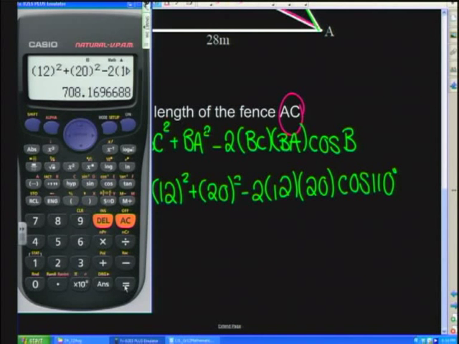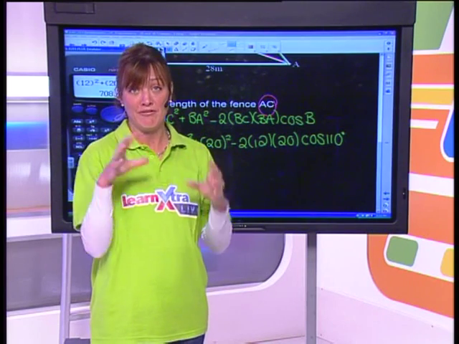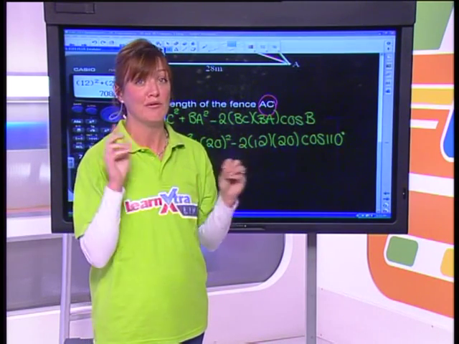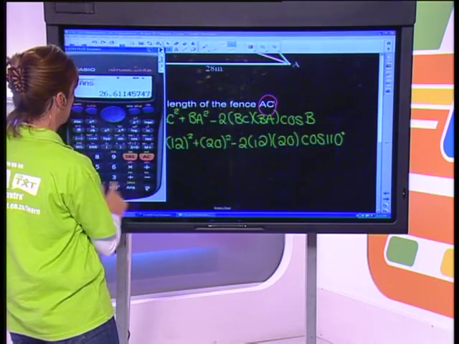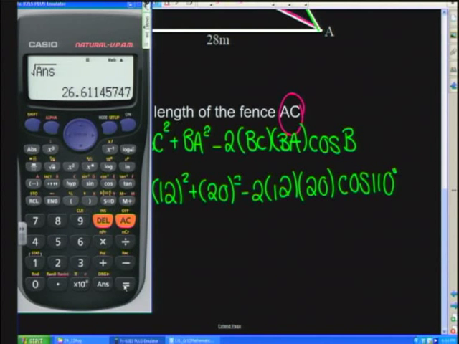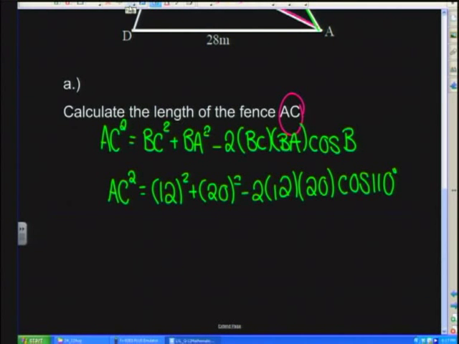And that is equal to 708, let's round it off to 0.2. Remember, it's not AC yet, that represents AC squared. So remember, you must square root your answer. So I'm going to square root the answer that was in your calculator, and we are getting 26.6 as the answer for AC. Okay, so 26.6 is my answer there.